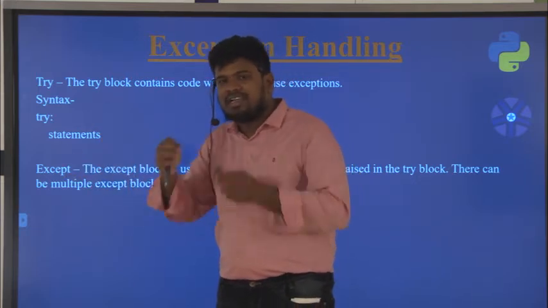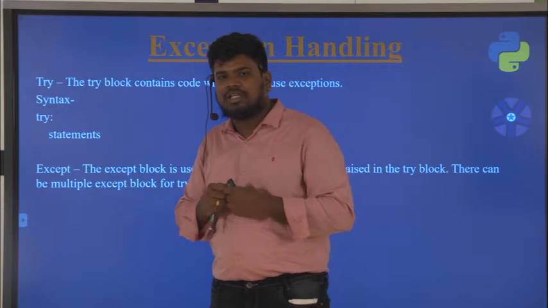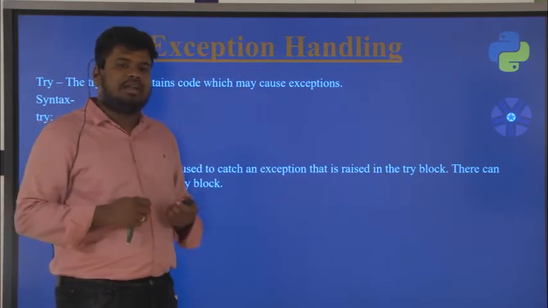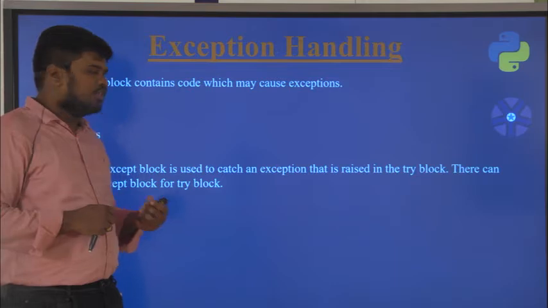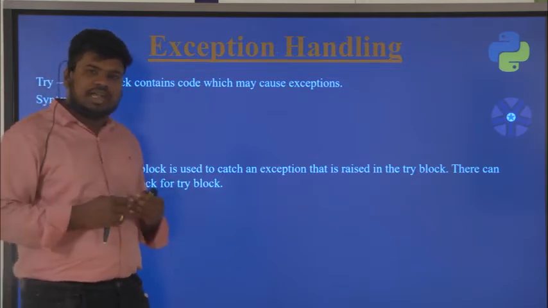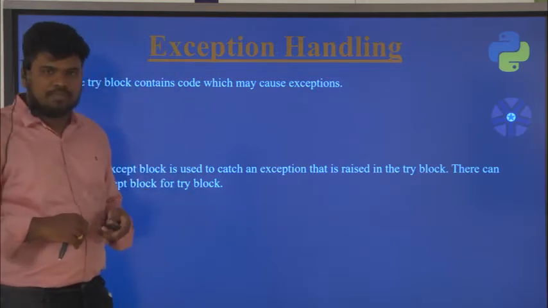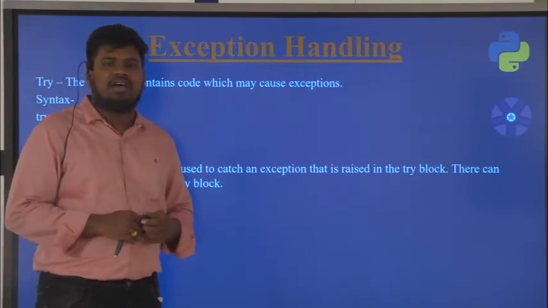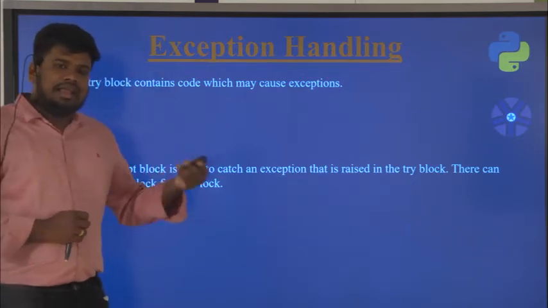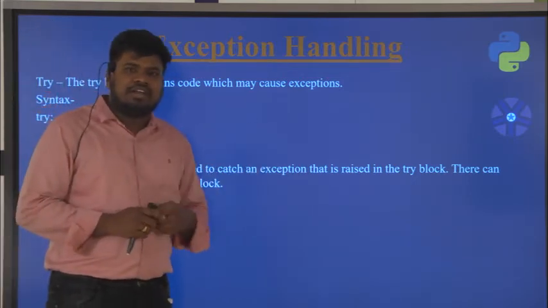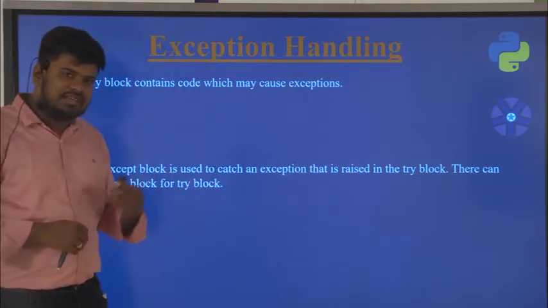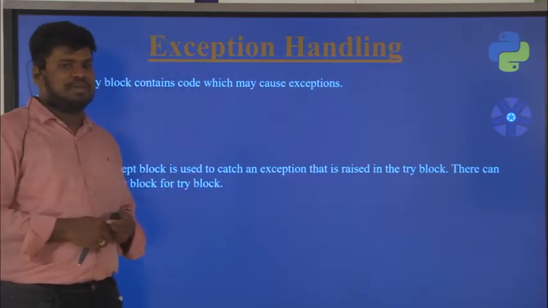Now my except will catch that exception and try to rectify and assess the problem. So a try block should contain an except block. Except is like a catch in Java or C++. In C++ or Java we have a try followed by catch; here in Python we have a try followed by except.